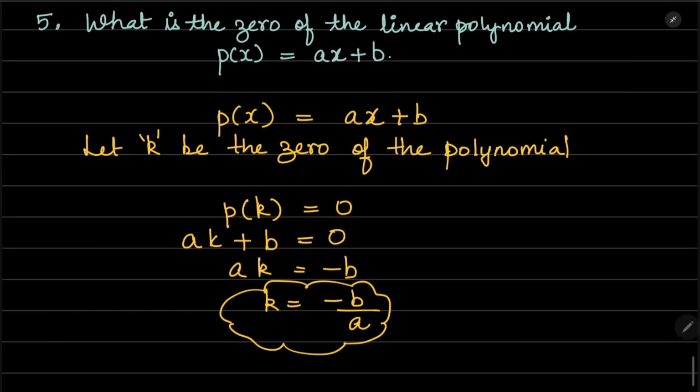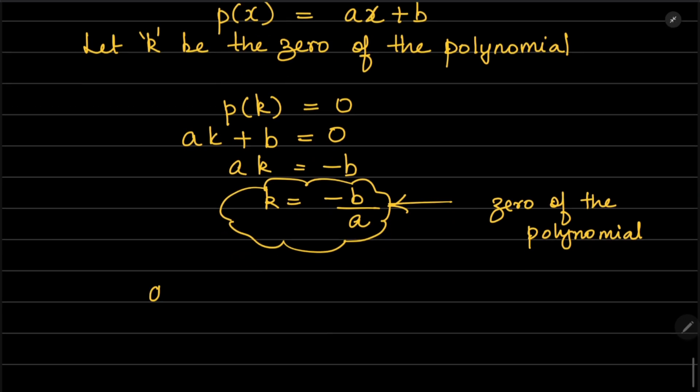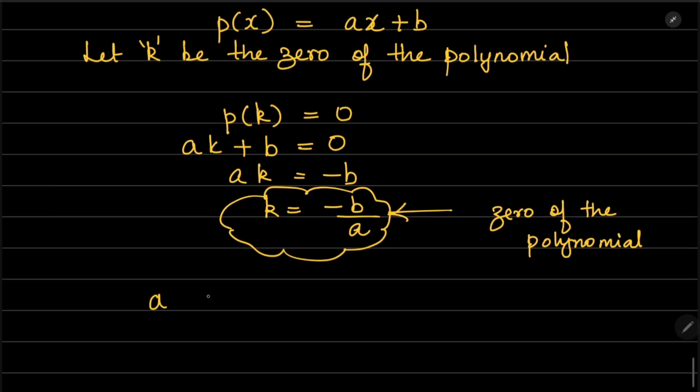What is the 0 of the linear polynomial? So this value is nothing but the 0 of the polynomial. This is called the 0 of the polynomial. Why is it called the 0 of a polynomial? Because suppose you have your ak plus b, right?